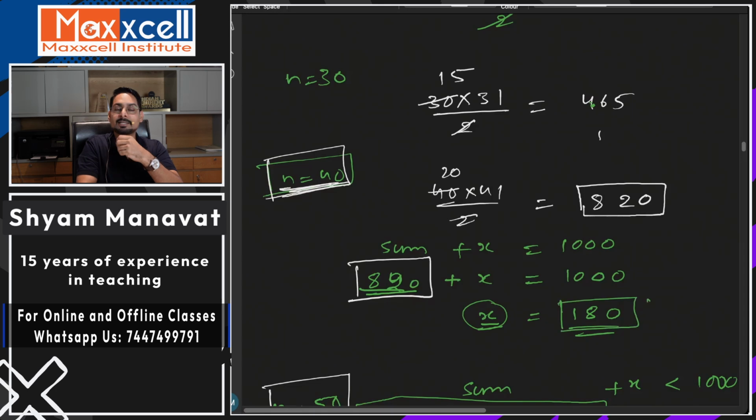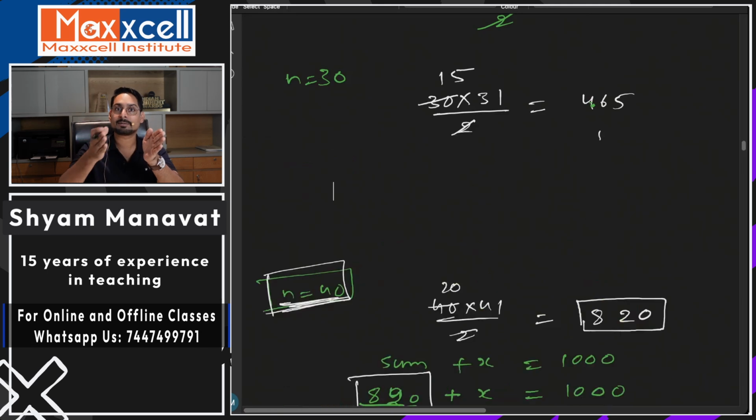This is not possible because your n equal to 40. n equal to 40 means you are adding the numbers from 1 to 40: 1 plus 2 plus 3 plus 4 plus 5 up to 40. How will 180 come in between 1 to 40? It won't.